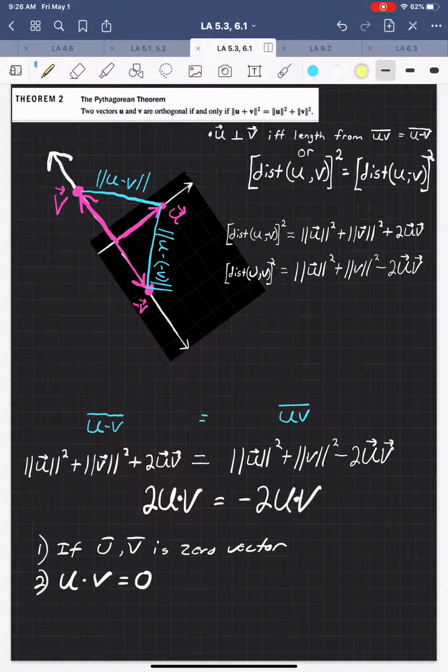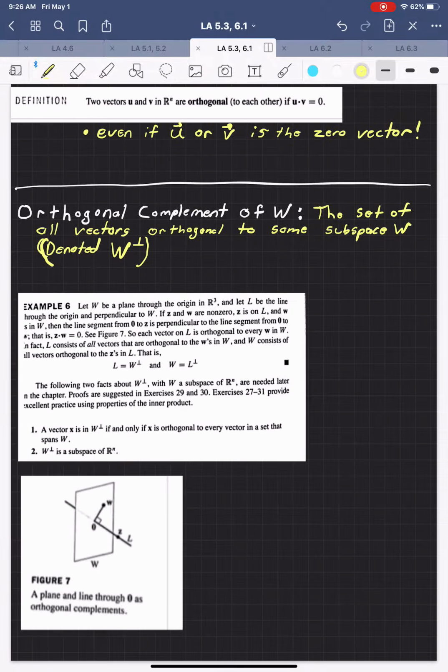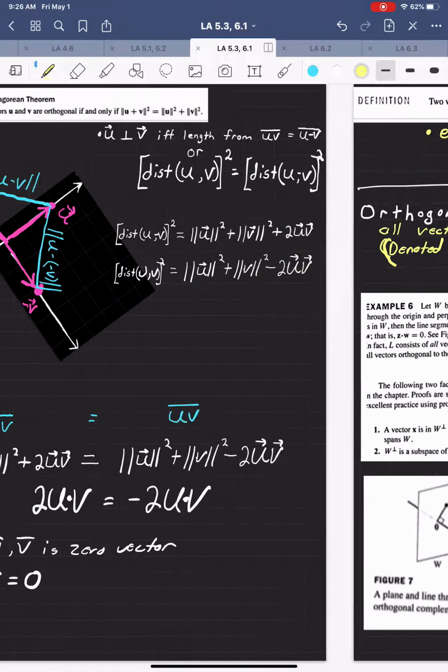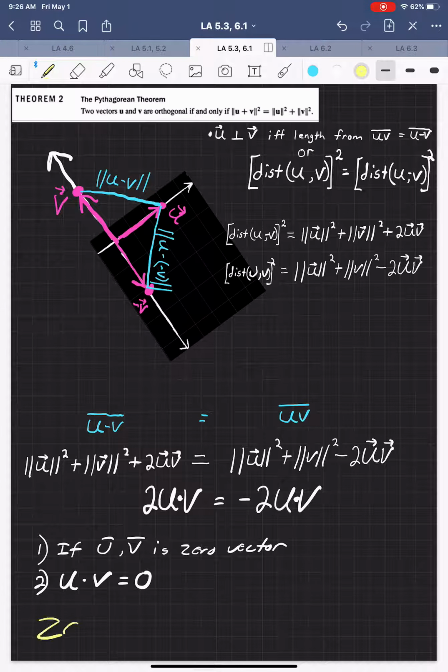This means that the 0 vector, I'll write it this way, the 0 vector is perpendicular to every vector in Rn. It's orthogonal to every vector in Rn.